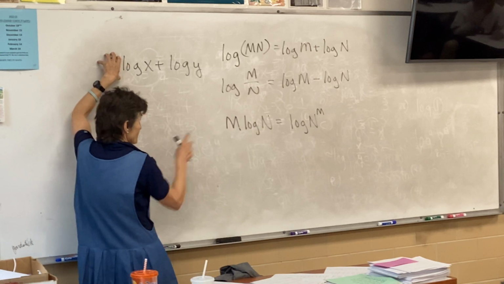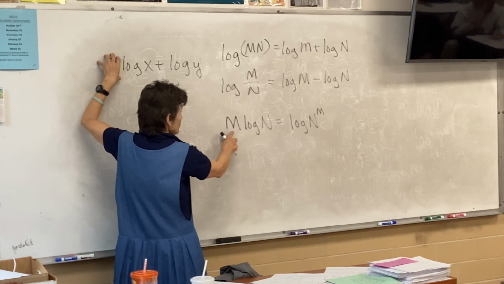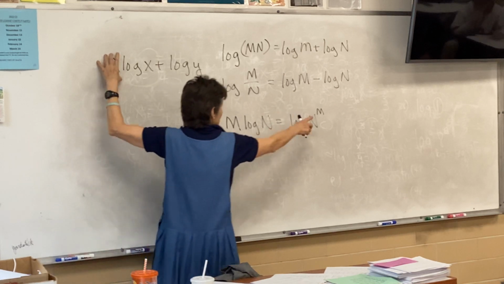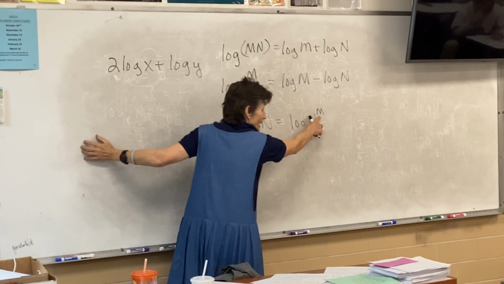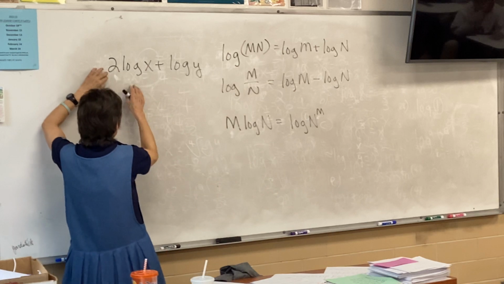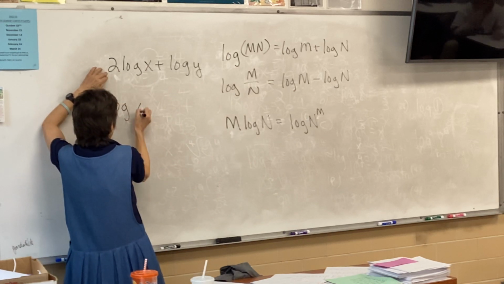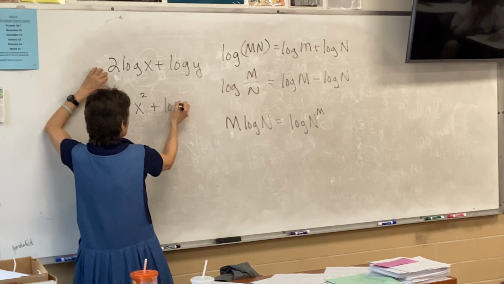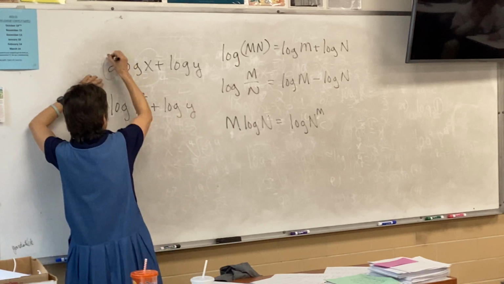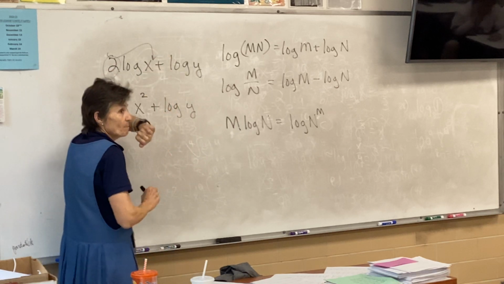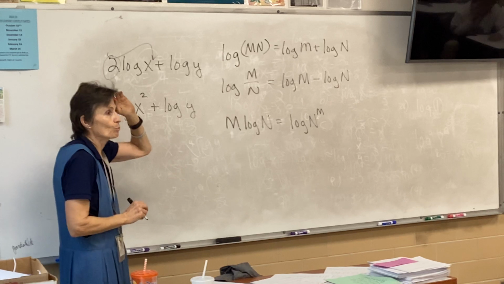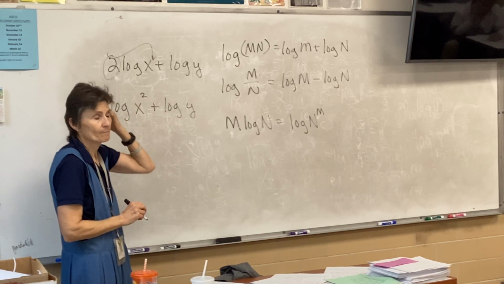Yes, right here, right? And what do we do with that something out in front? He shows up as an exponent. So I'm gonna start by writing this as log x squared. This comes off and becomes an exponent. The rule says that.